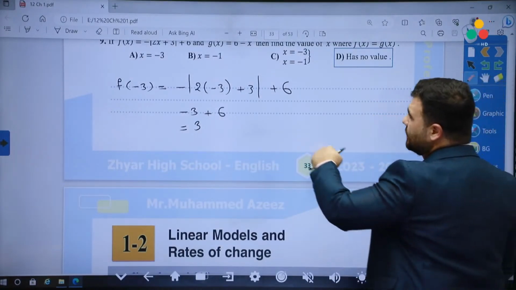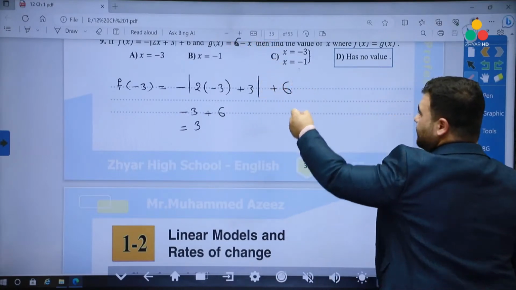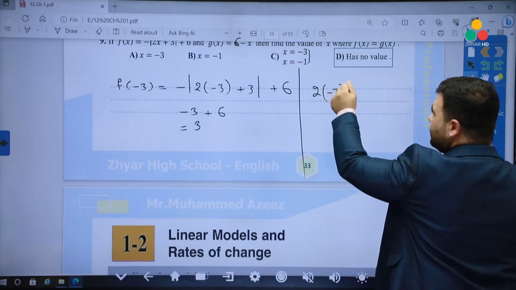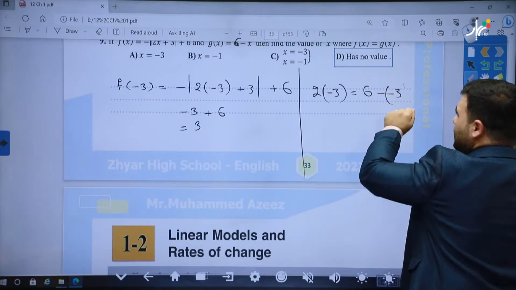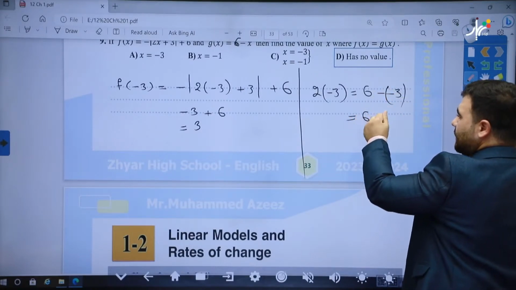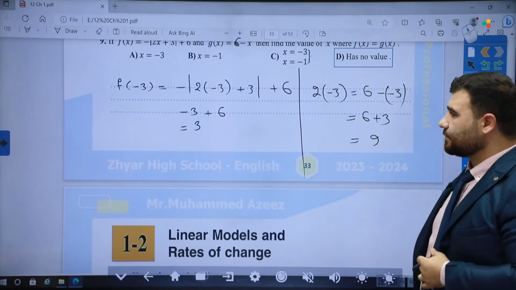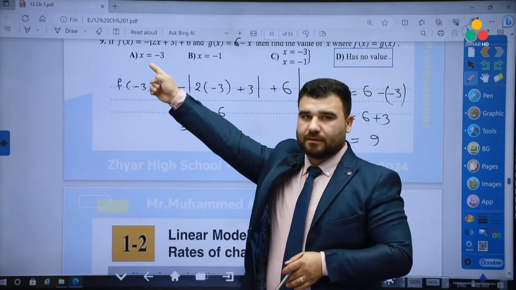Now, g is 6 minus x. g of negative 3 is 6 minus negative 3. 6 minus negative 3 is 6 plus 3, which is 9. Do I have same results? Of course, no. This means negative 3 is not the right answer.